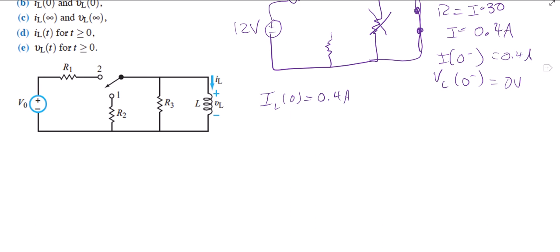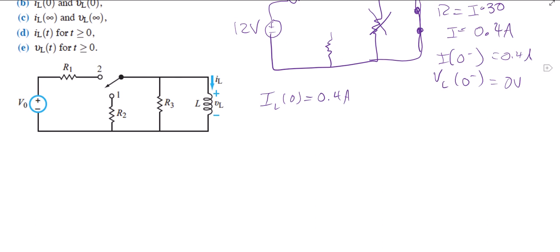If you're trying to find the current at 0 for a capacitor, go with 0 plus. For an inductor, if you're trying to find the voltage at 0, go with 0 plus. For a capacitor, if you're trying to find the voltage at 0, go to 0 minus. And for an inductor, if you're trying to find the current at 0, go to 0 minus. Whatever I just said, I hope was right.